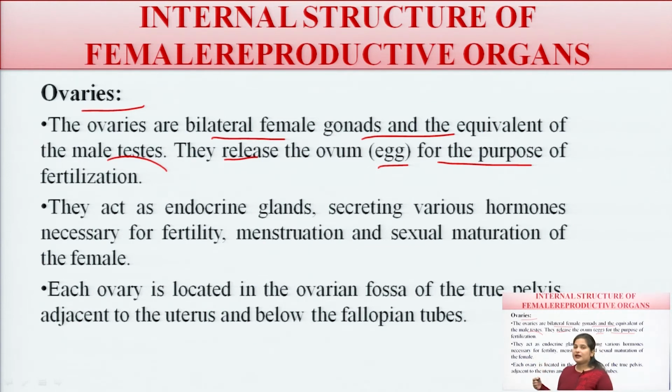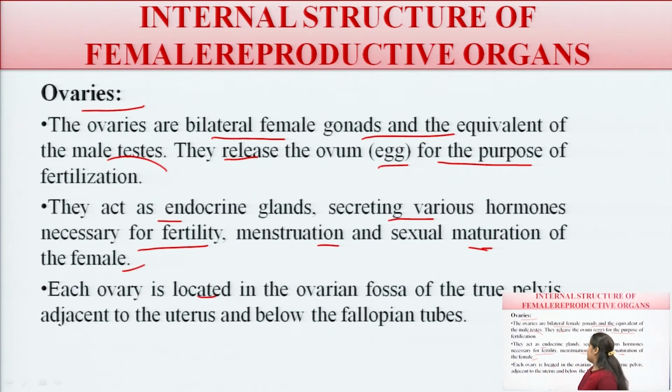So when the egg matures, it comes from the ovary and gets fertilized by the sperm cells. They act as an endocrine gland that secretes various hormones necessary for fertility, menstruation, and sexual maturation of the female, right.